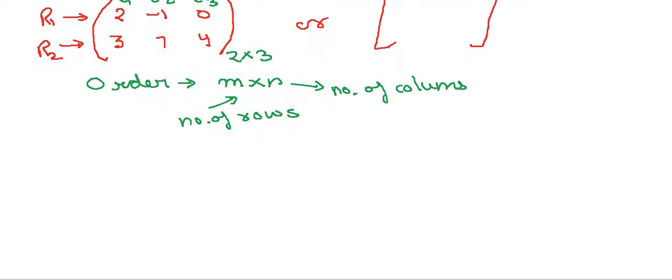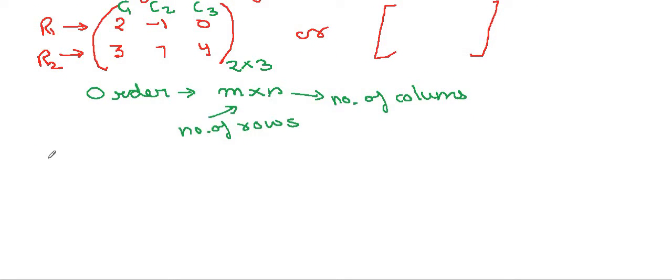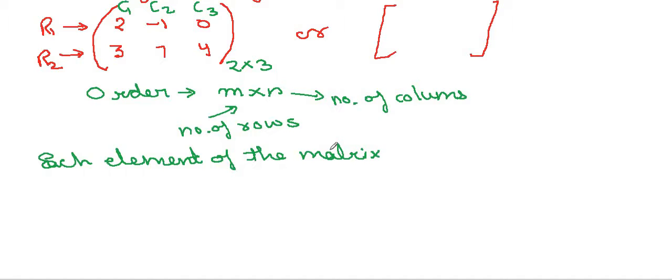Now, each element of the matrix means each entry in this matrix. In this matrix we have 6 elements: 2, -1, 0, 3, 7, 4.